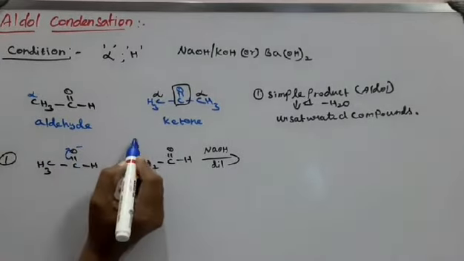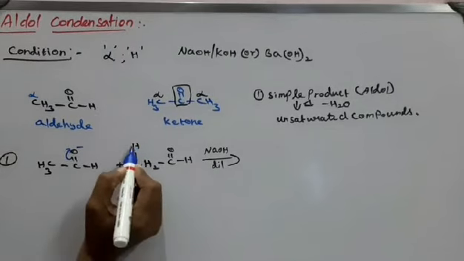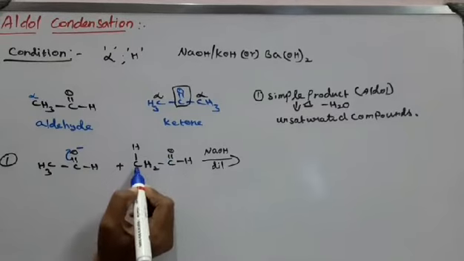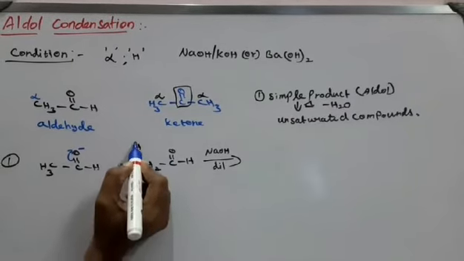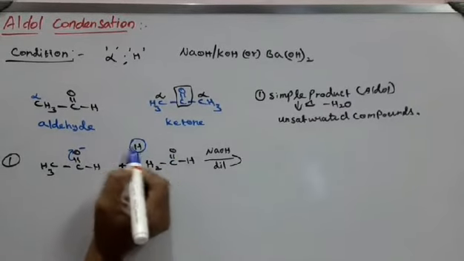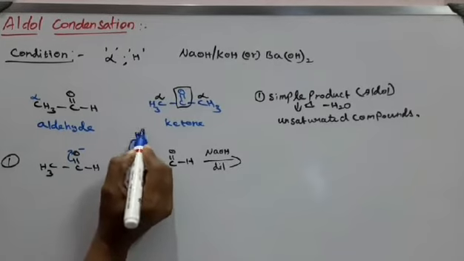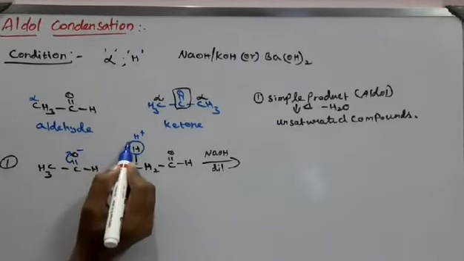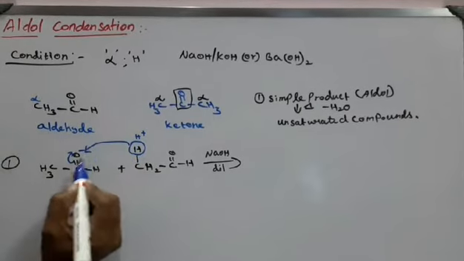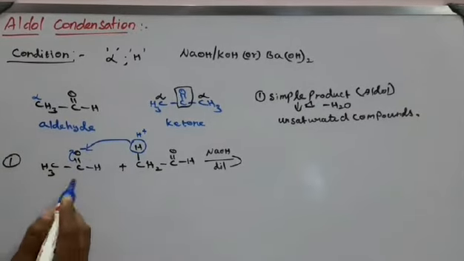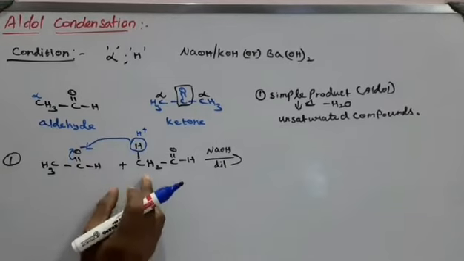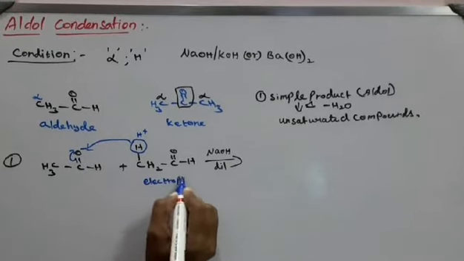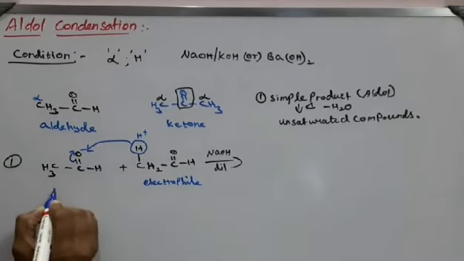The carbon nearest to the carbonyl group containing hydrogen has alpha hydrogen. It forms an H plus proton, which the highly electronegative hydroxide catches to form OH minus. It acts as a nucleophile, and this acts as an electrophile.